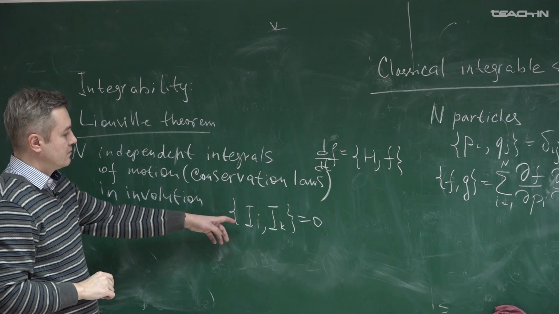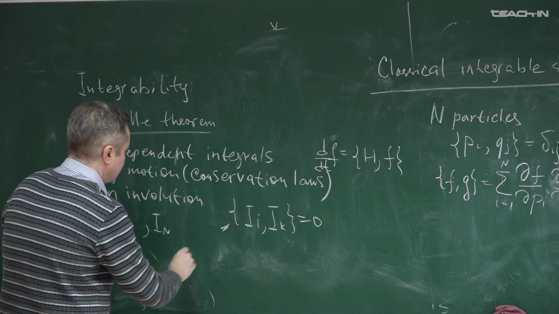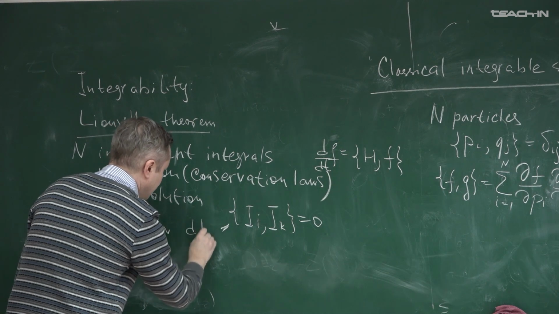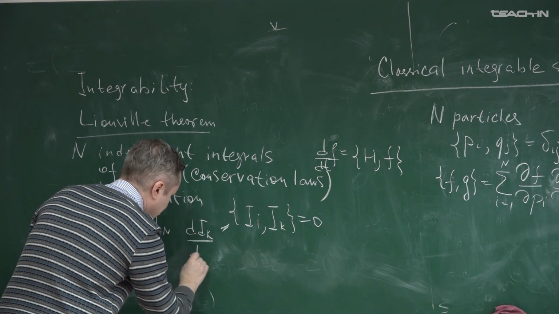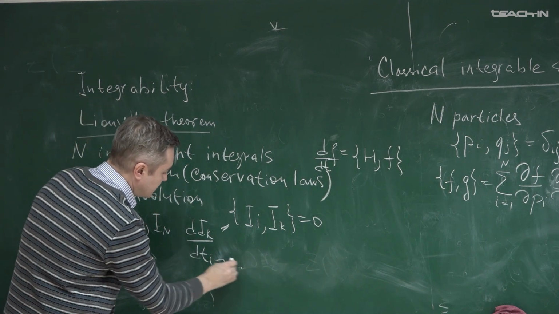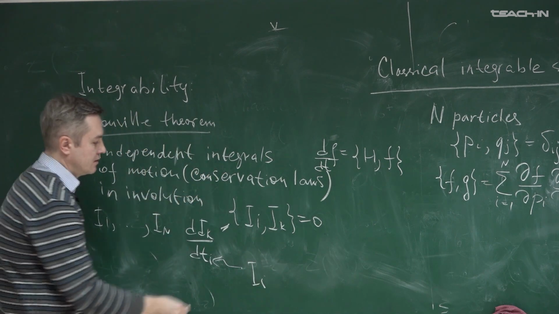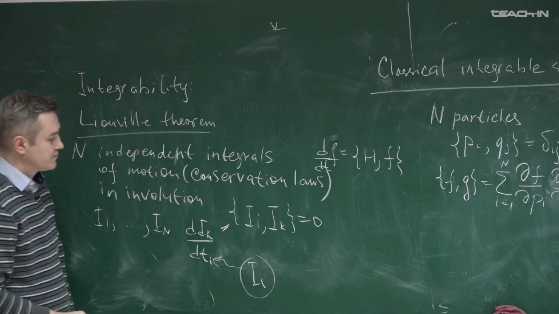And this equation can be written as the derivative of I_k with respect to some t_i, where t_i is the dynamics generated by this Hamiltonian.